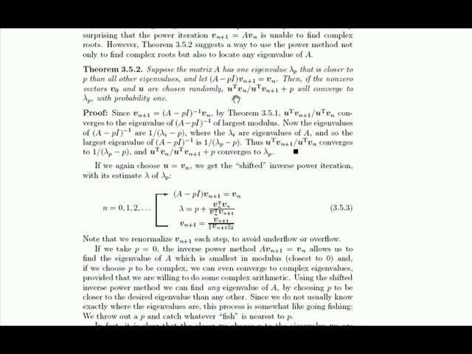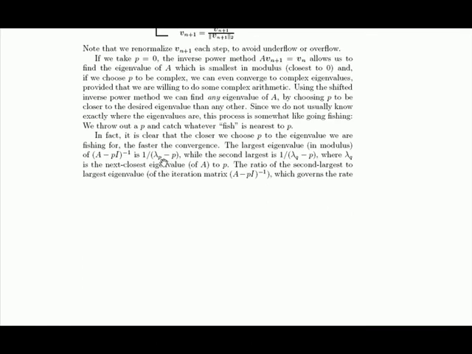Now, one obvious modification of this method might be considered, and it is suggested by the following. Remember that the rate of convergence of the power method depends on the ratio of the second largest eigenvalue to the largest. Well, the largest eigenvalue of (A − pI)⁻¹ is 1/(λₚ − p). The second largest is 1/(λ_q − p), where λ_q is the second closest eigenvalue to p.